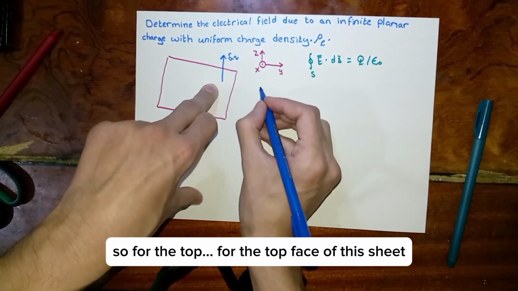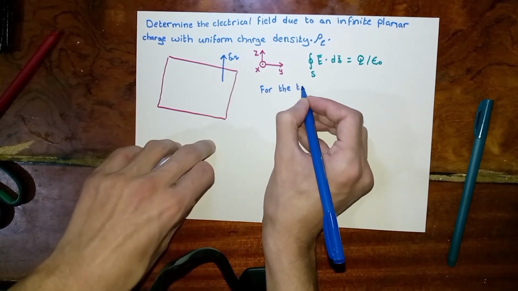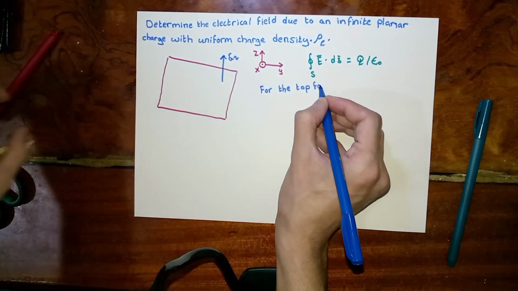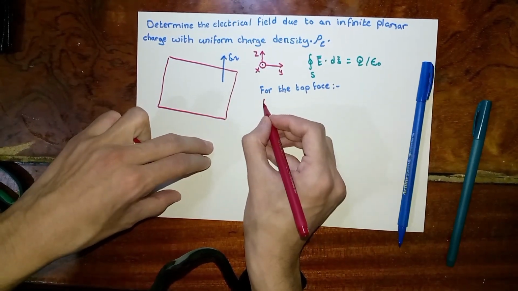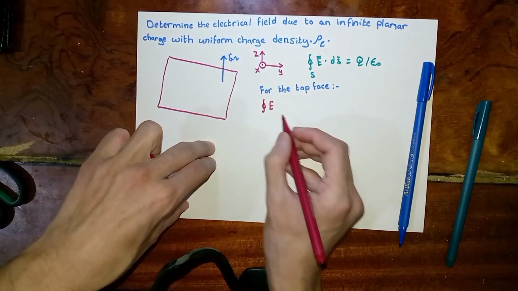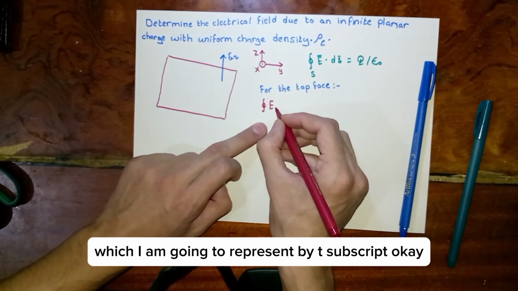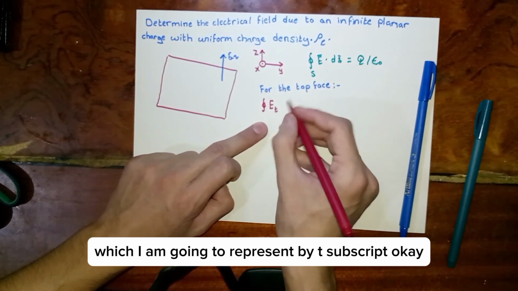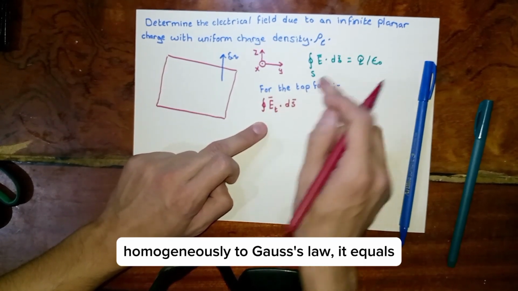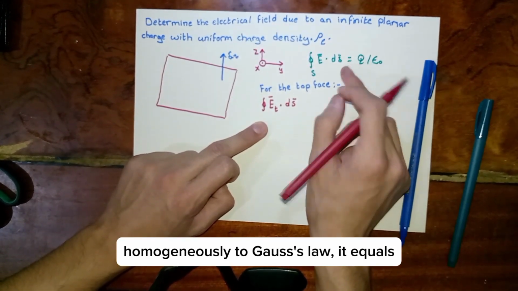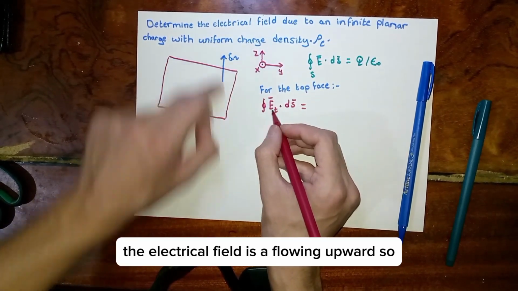So for the top face of this sheet, we have the electrical field for the top, which I am going to represent by T subscript, E_T, times the Gaussian surface, according to Gauss's law. The electrical field is flowing upward.